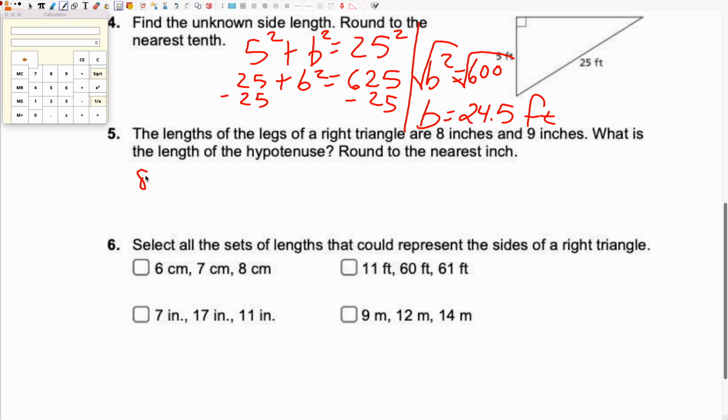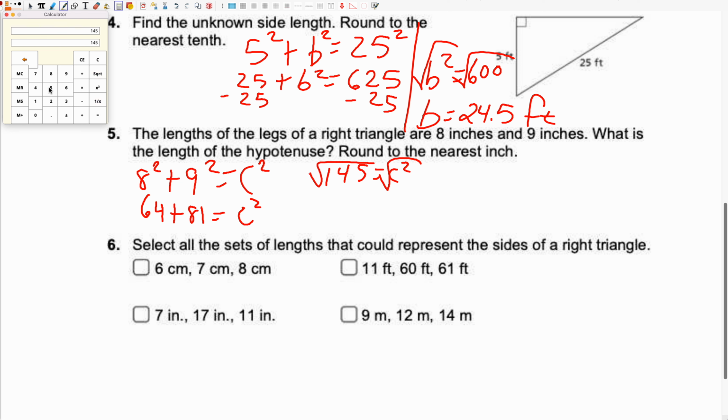So 8 squared plus 9 squared equals c squared. So that would be 64 plus 81 equals c squared. So that would be 145. 145 equals c squared.